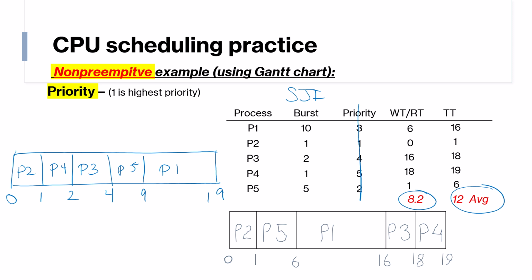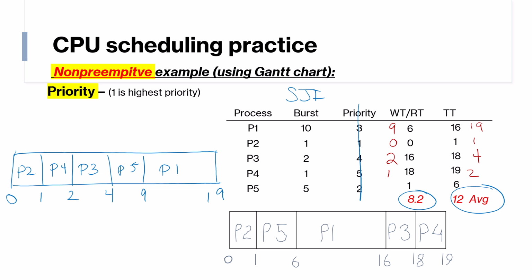Let's see what the wait times would be. P1's wait time would become 9, and P1's turnaround time would become 19. P2's wait time would be 0, and P2's turnaround time would be 1. P3's wait time would be 2, and its turnaround time would be 4. And P4's wait time would be 1, and its turnaround time would be 2.